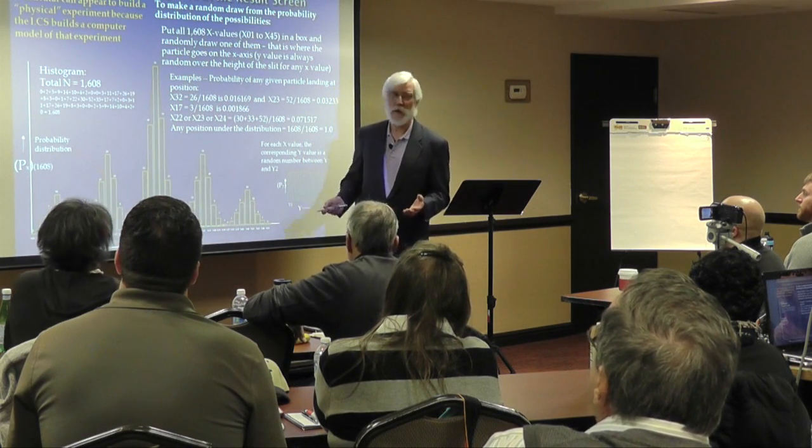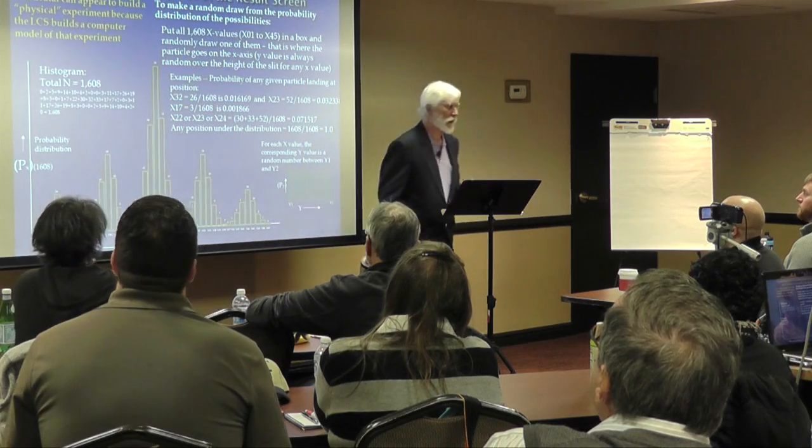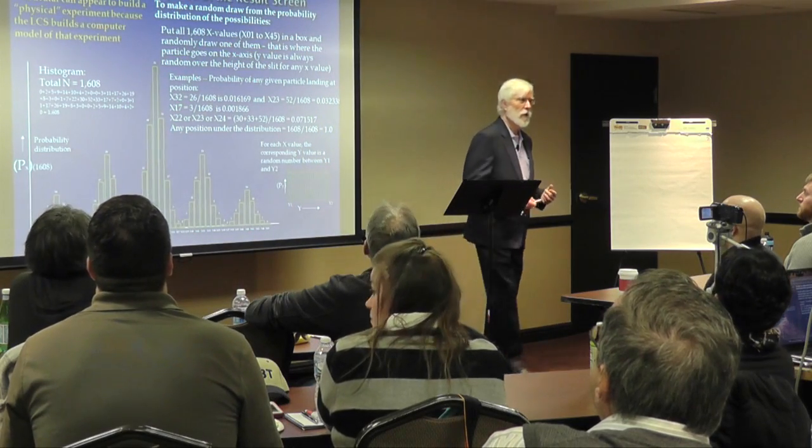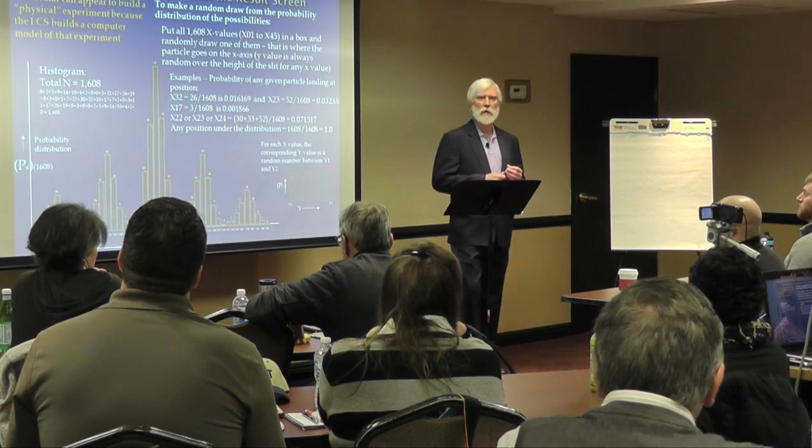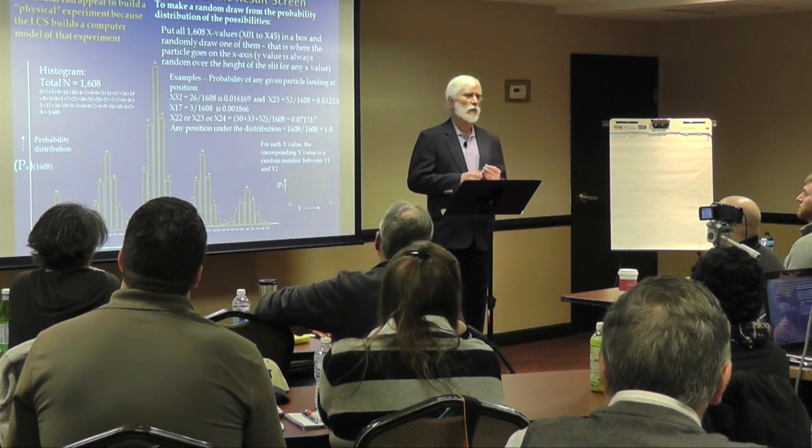Well, where would this come from? How would you make this probability distribution? Well, remember, this is a virtual reality. It's a virtual laser. It's a virtual set of slits. It's a virtual screen, right? It's a virtual scientist's avatar that's doing it. It's all virtual.